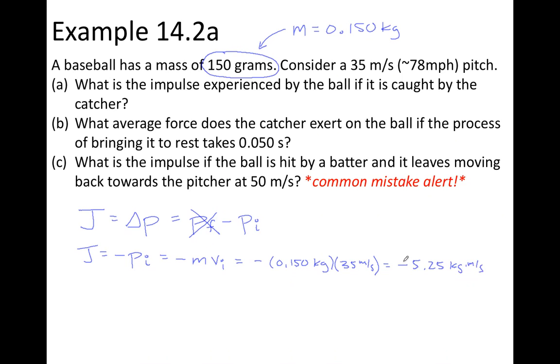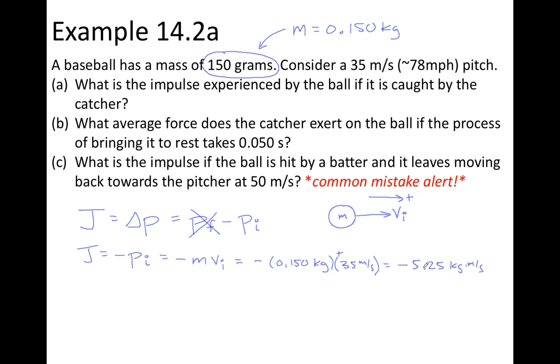Now, what's up with this negative sign? That's really just telling us that if we consider the initial velocity to be positive, so we've got our baseball moving towards the catcher, and I had put that 35 meters per second in as a positive number, that's indicating that the towards-the-catcher direction, where the ball was initially moving, is my positive direction.